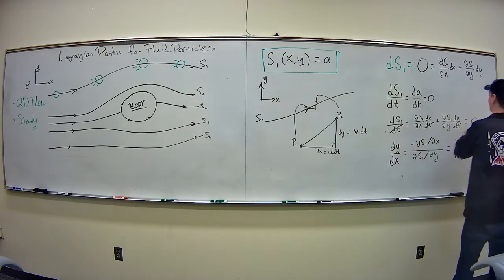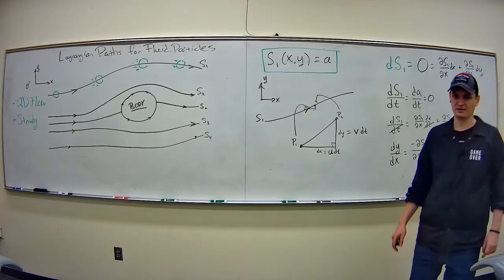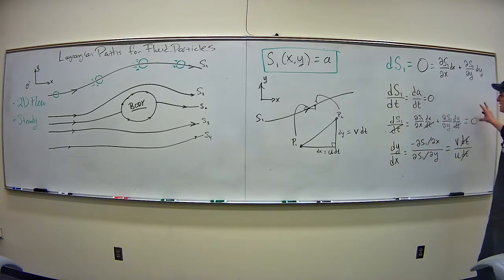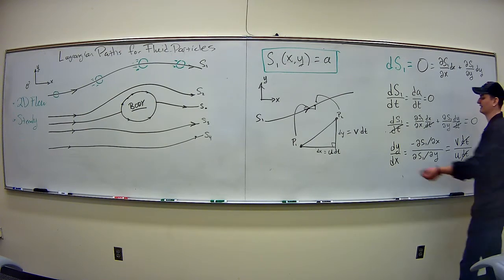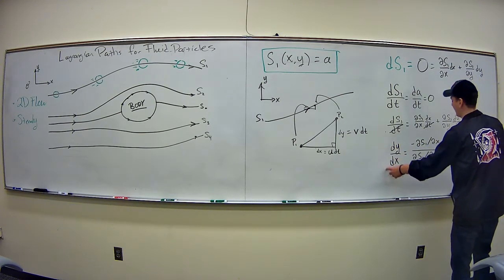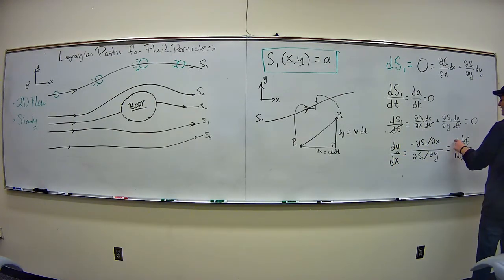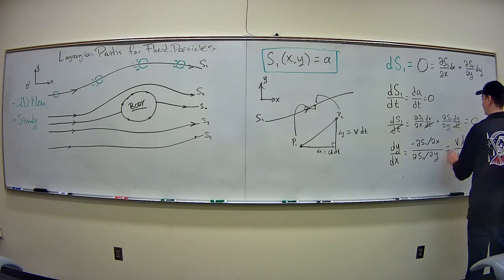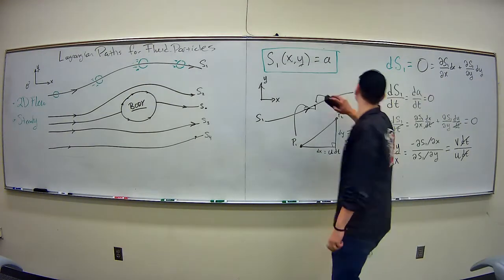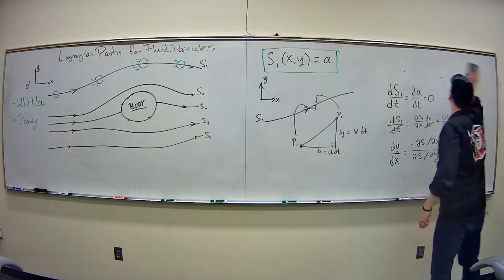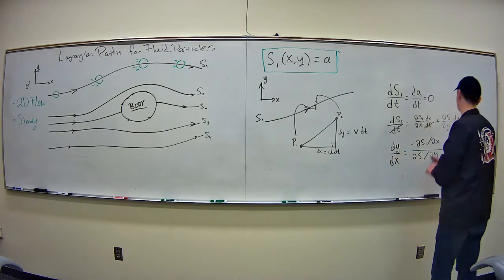I get a negative sign because of this 0 relationship. I have this dy dx because I move one side over the other, then solve for dy dx, and I get right here. But then the kinematic relationship, seeing a dy dx, I see that has to be the v velocity. This has to be the u velocity. So I get this identification of top and bottom. And this is really critical.